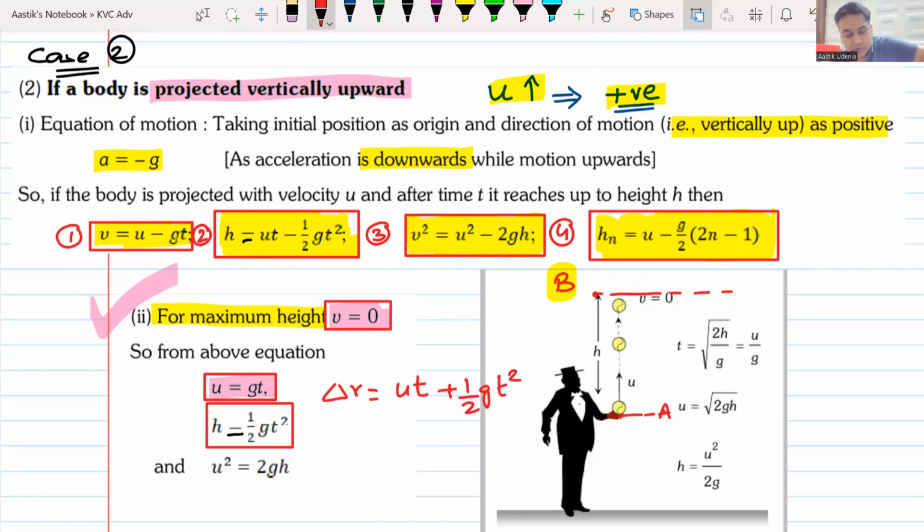Initial velocity is not zero, but in the equation that I have written, it is coming as zero. How is this equation correct? Can anyone tell me? Where does this u go?